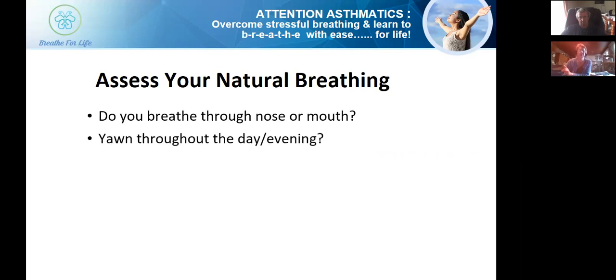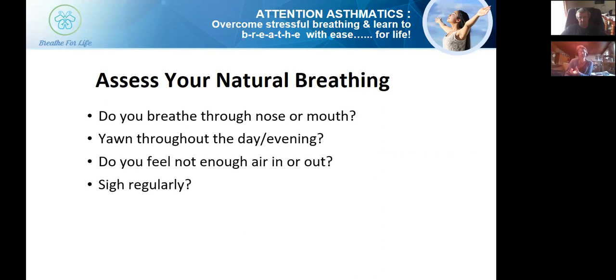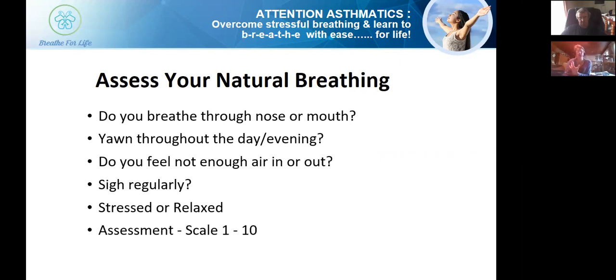Do you yawn throughout the day, the evening, or the whole day? Do you feel like you can't get enough air in or out? Do you sigh regularly? Do you feel like your breathing is stressed or relaxed? On your assessment scale of 1 to 10, 1 being poor, 10 being excellent, how would you assess your breathing?